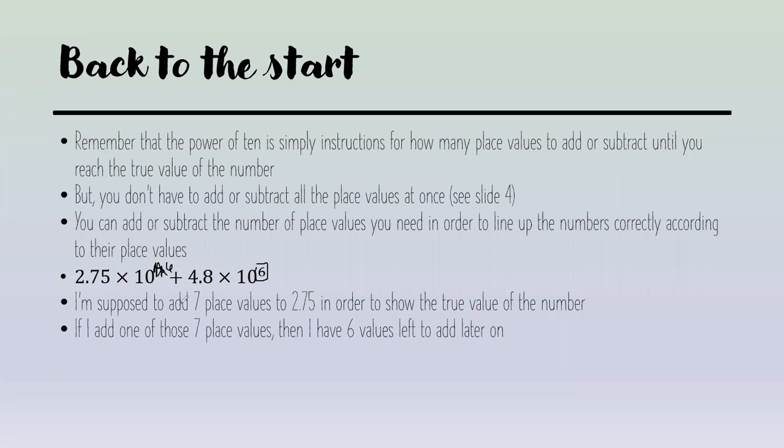So now I only have 6 left to move. I already added one of those place values. If I just multiply by 10, then I get 27 and a half. And I've used one of those powers of 10, and now to get the real value of my number, I only have to multiply by 6 tens because I've already used one of the 7 from my instructions.